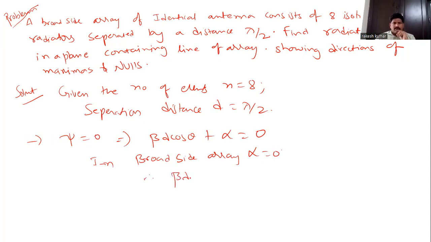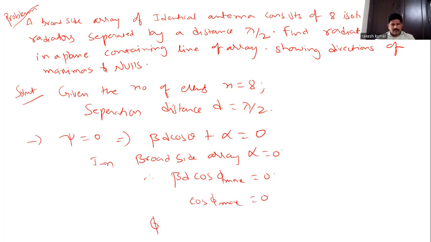Therefore, beta d cos phi max is equal to 0, and therefore cos phi max is equal to 0.